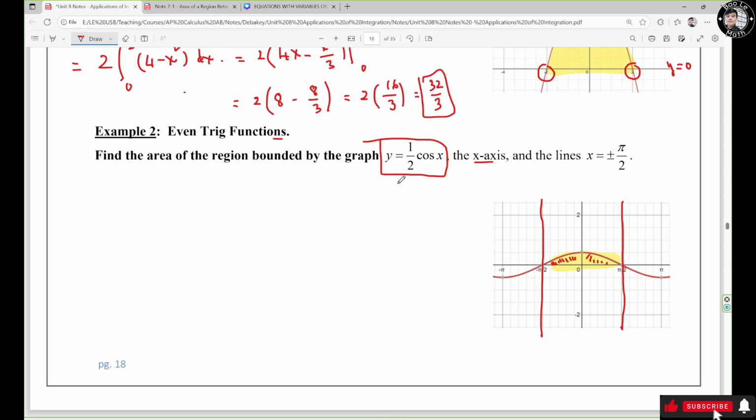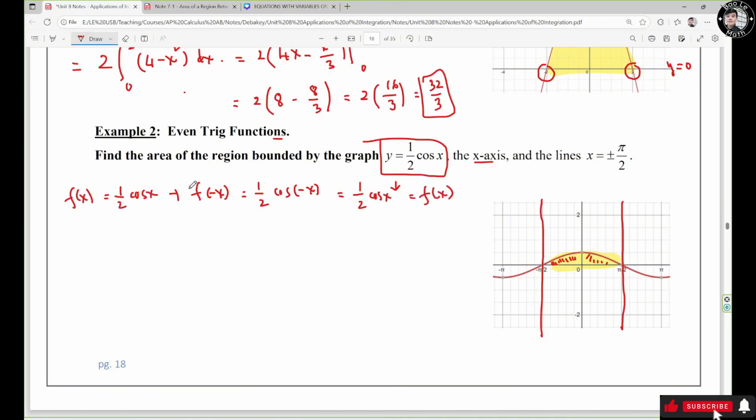Now we're going to check to see if this function is even or odd algebraically. So we have f of s equals 1/2 cosine s. Then f of negative s is 1/2 of cosine of negative s. But cosine of negative s is actually cosine of s, so it's 1/2 cosine of s, and this is actually f of s.